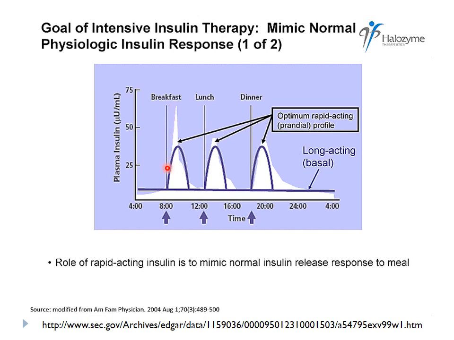So the white spikes in the background here are the profile of insulin from a normal pancreas. The blue lines right here are what we're actually trying to mimic using an insulin pump or using injections.